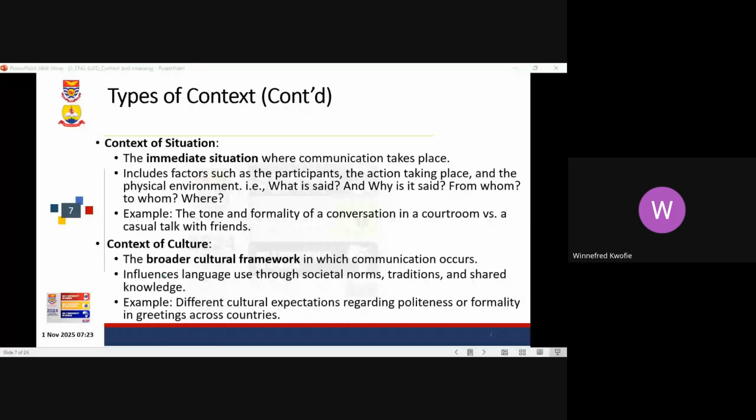How will it be interpreted? You're looking at Ghana.